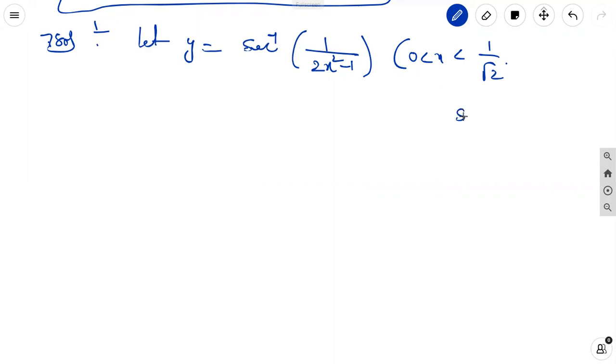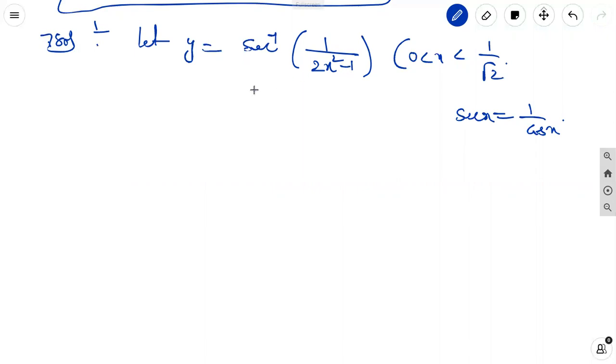Secant means we know that secant equal to 1 by cos. If any function secant x equal to 1 by cos x. So here 1 by 2 cos square x minus 1, then that can be reduced to cos 2x. Cos means taking to numerator, it becomes secant 2x. Secant inverse get cancelled, that is the 2 theta.